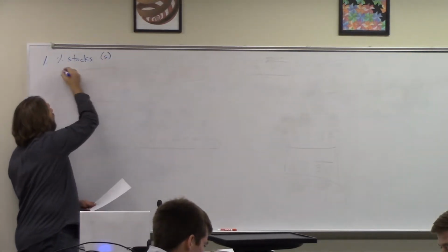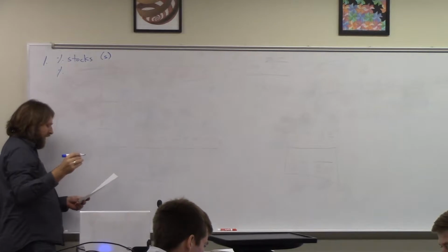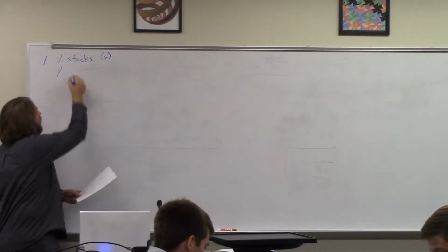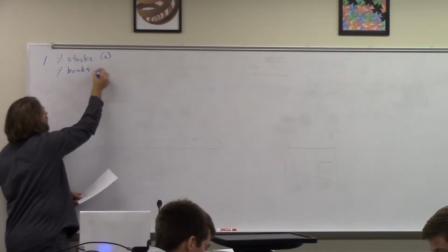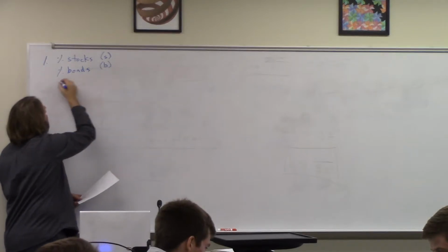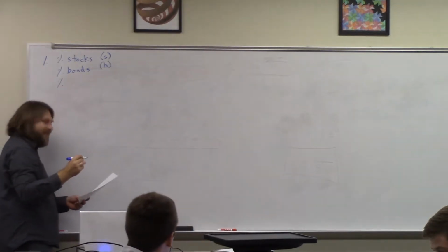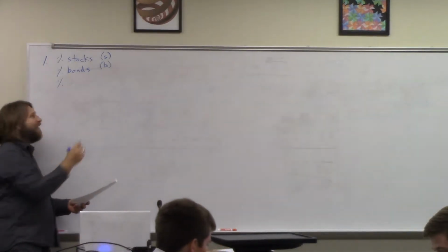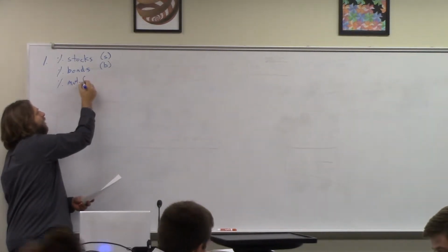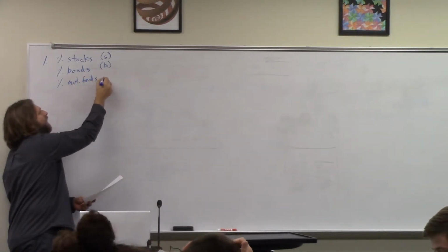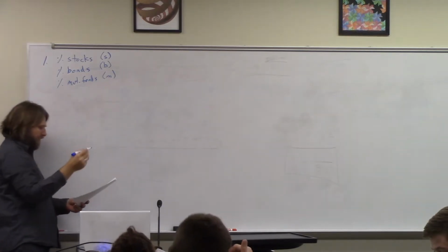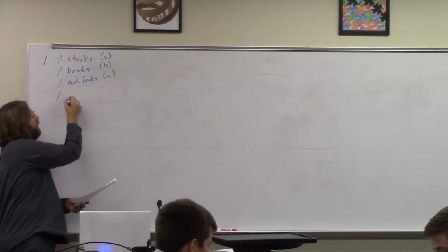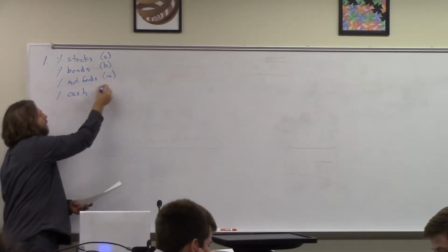I like S. Okay. After stocks? Bonds. And what variable should we use here? W. Thank you. And next one? Mutual funds. And we can use M here. And then what's the last one?